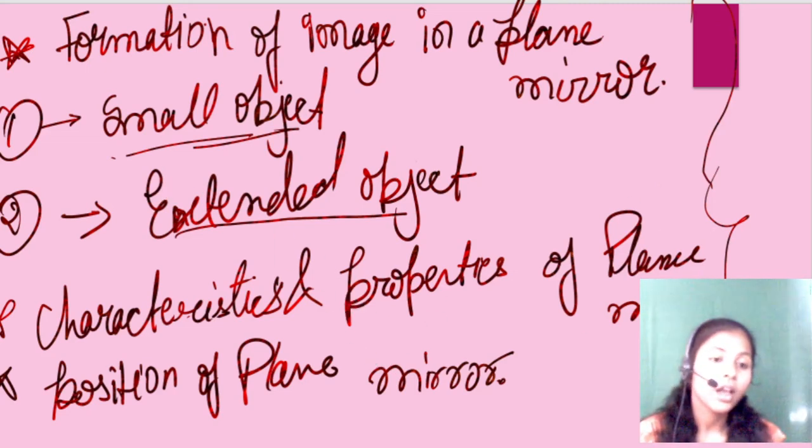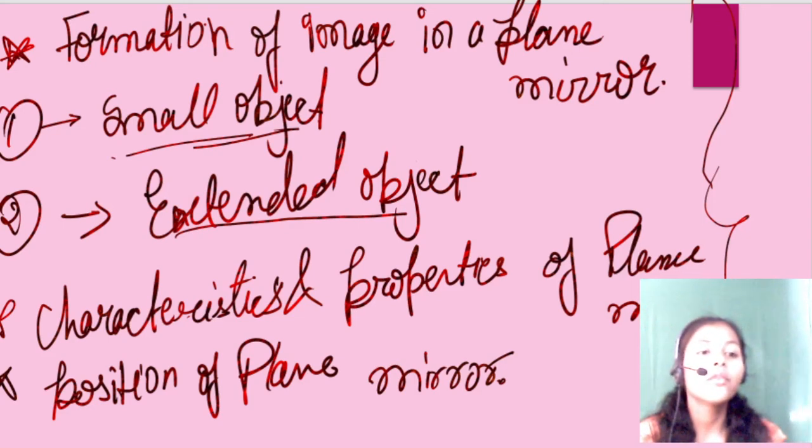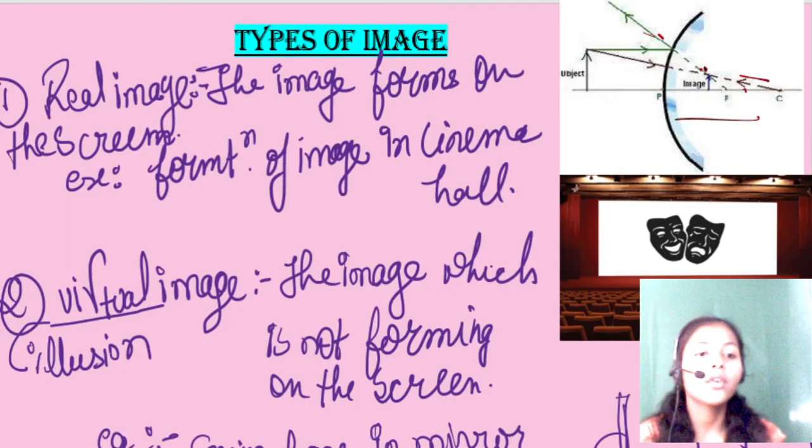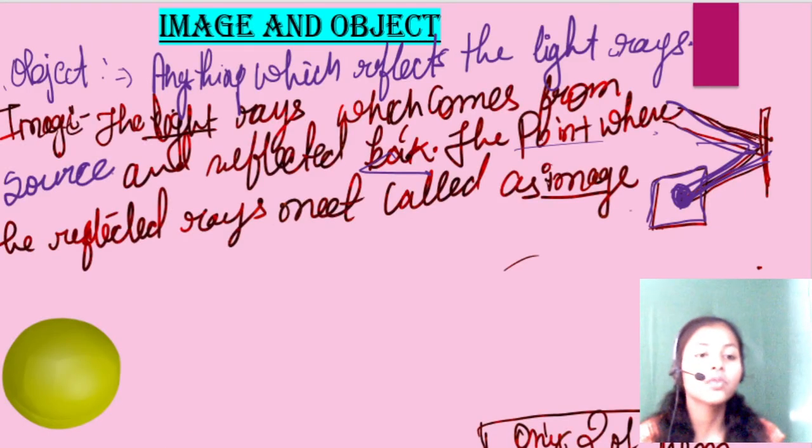So up to this point we have read, and I am giving from here a very short recap of all that we have covered yet. The first thing we read about is light. What is light? We have read that light is a form of energy which helps us to see objects.